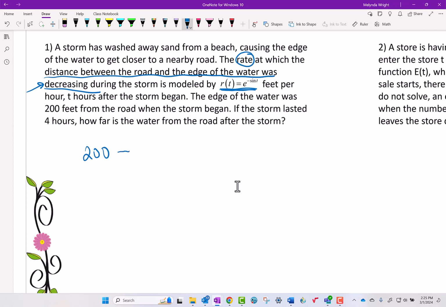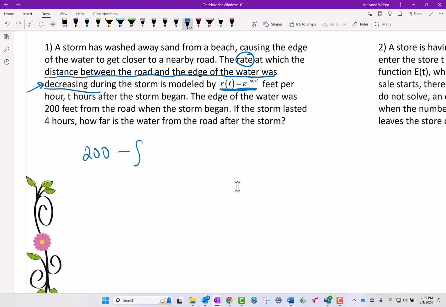We need to subtract the integral of the rate. If I integrate a rate, I get a position, right? This rate has to do with the distance between the road and the edge of the water decreasing. It has to do with distance, so the rate that it is changing.